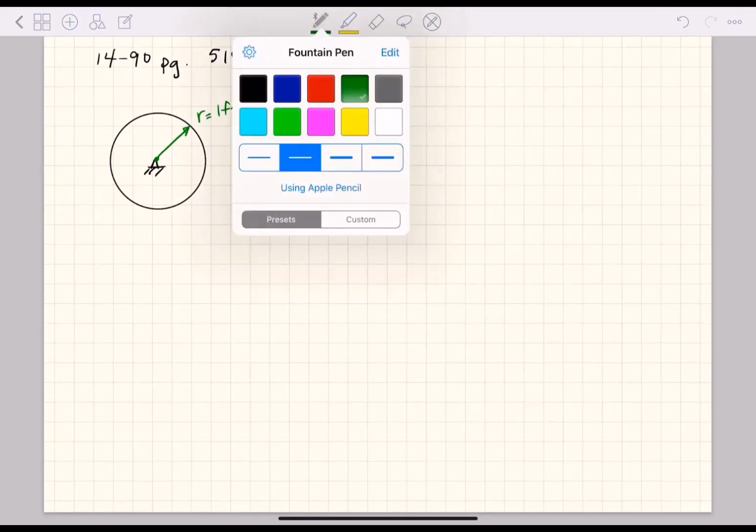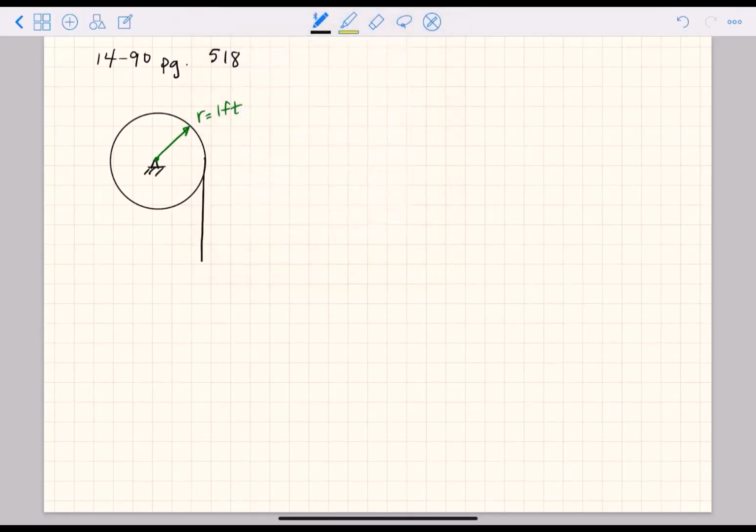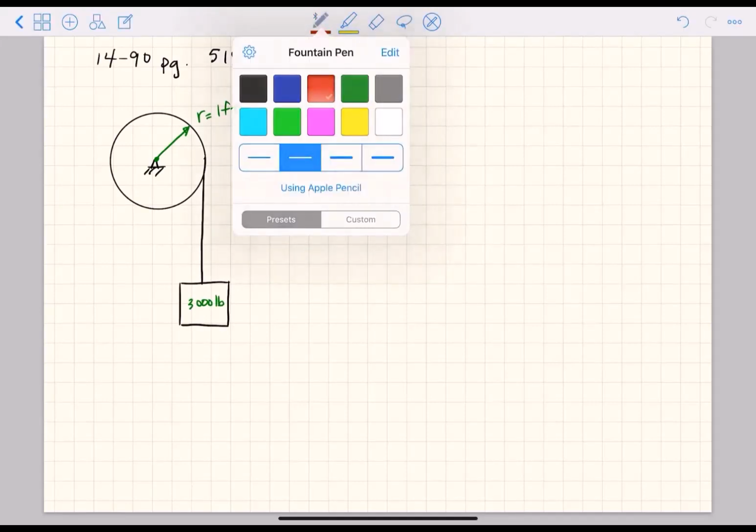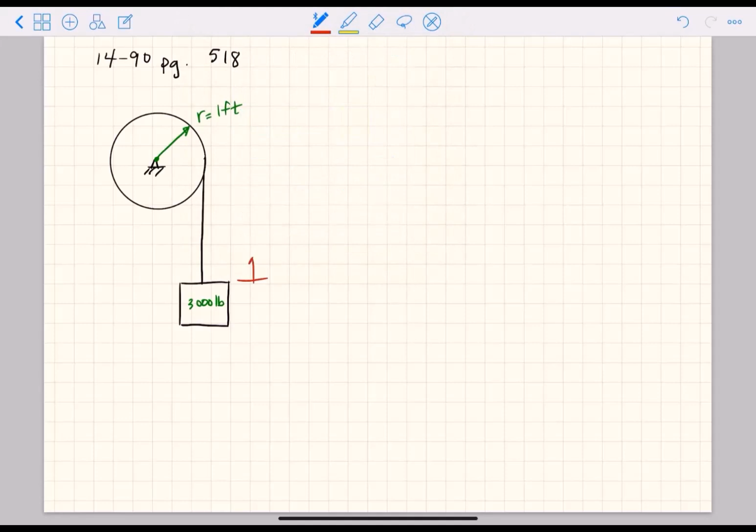Okay, it also states that it is trying to lift a weight, and that weight is 3,000 pounds. Lastly, it doesn't give a force, but it does say it wants to lift it with a certain velocity. So that velocity is 10 feet per second.